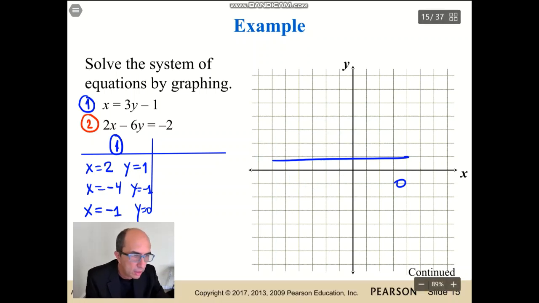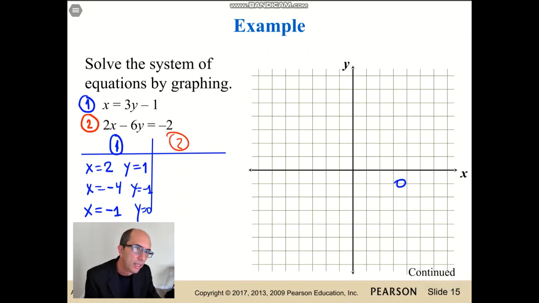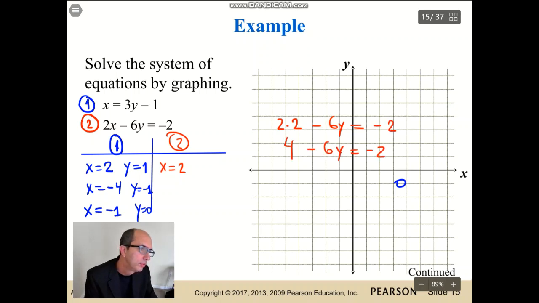Now I'm going to try numbers for the next equation. And let's say x equals 2. 2 times 2 minus 6y equals negative 2. 4 minus 6y equals negative 2.